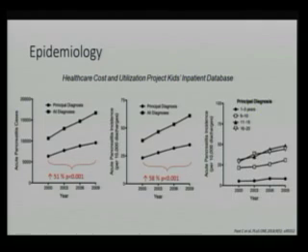There is this huge database called the Healthcare Cost and Utilization Project that looks at the census of all the hospitals across the country, especially the discharge diagnoses. What they did is they graphed 4 points in time from 2000 to 2009, and they noticed a significant increase in discharge diagnosis of acute pancreatitis.